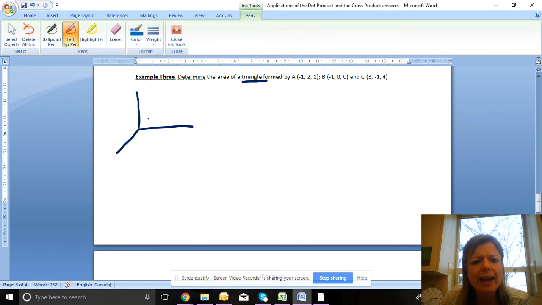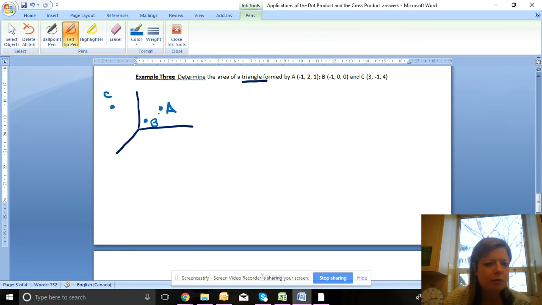So let's think about what this looks like to help us understand what's going on here. We have A, which is at about -1, 2, 1. And then B, which is at -1, 0, 0. And then C, which is at 3, -1, 4. I'm just eyeballing where these are to get a visual.